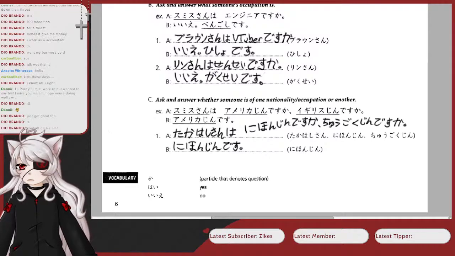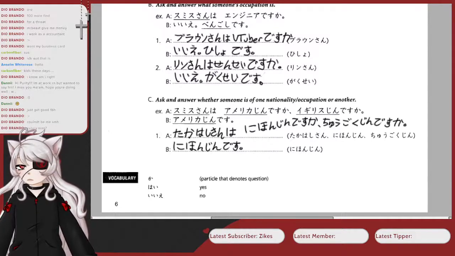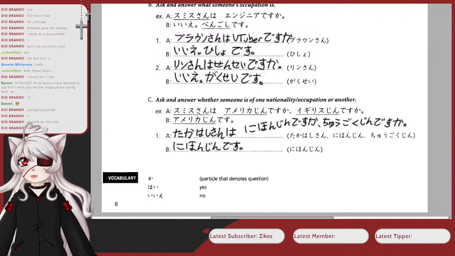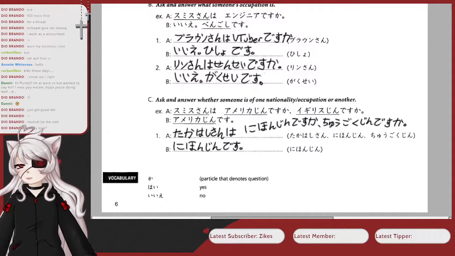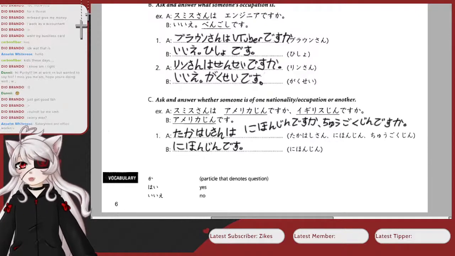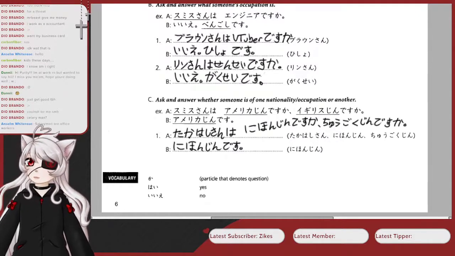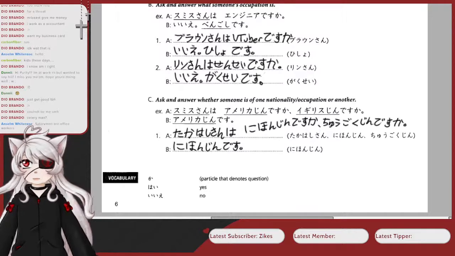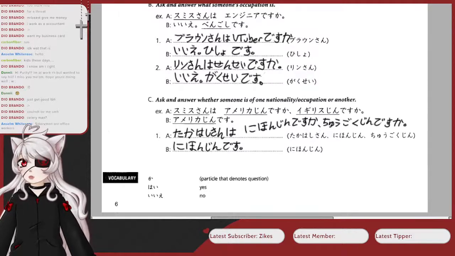Okay. There are more as well, but I don't think I'm gonna fill them in the same way I have been. Salary, like money, paycheck, salary. Salaryman or office? Oh, they're just office work. Okay. Just another way of saying that.